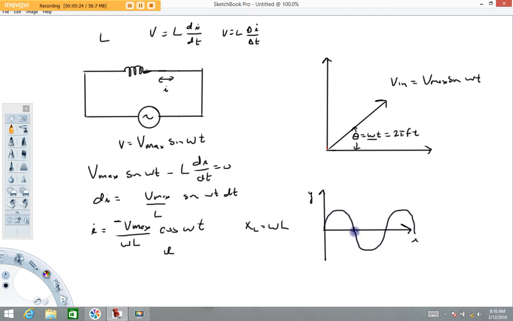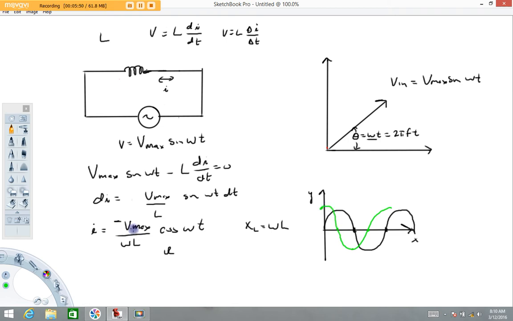Now I'm going to color code these. Remember, the cosine wave starts here, ends up here, it's a peak here, 0, a peak. So your cosine wave looks like this. But that's not what we want.